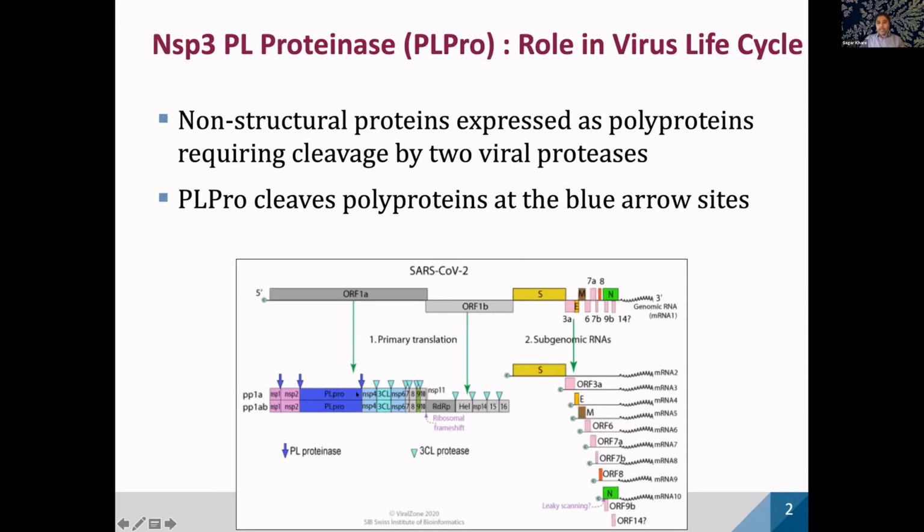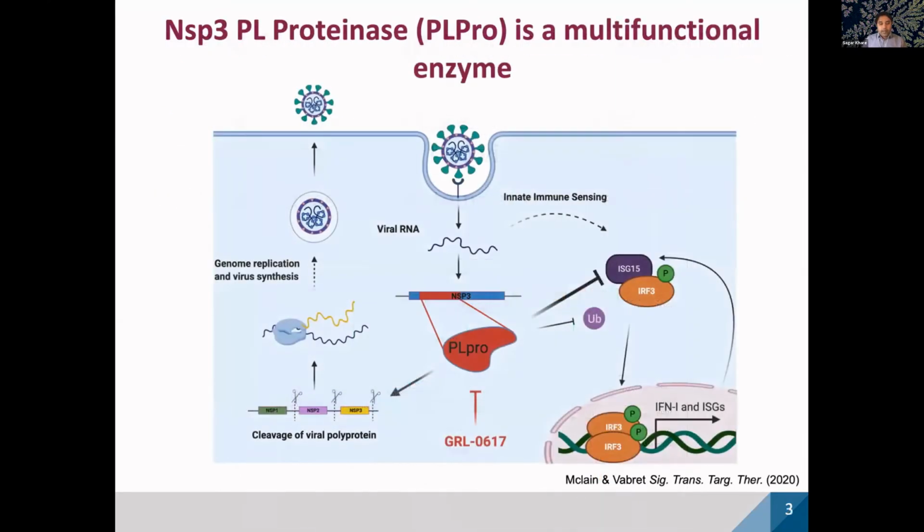And then once it has liberated these proteins, 3CL-Pro will make the remaining cuts, and the viral assembly will go on. So obviously, as you can imagine, these cuts are necessary for viral maturation, and therefore this is an important protein whose function needs to be understood and is also a valid drug target.